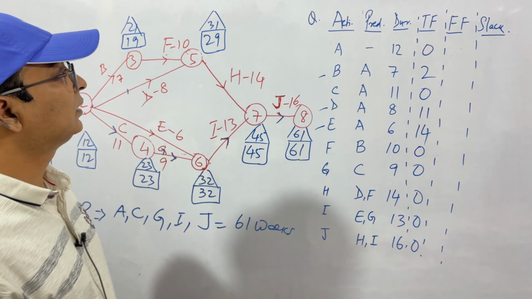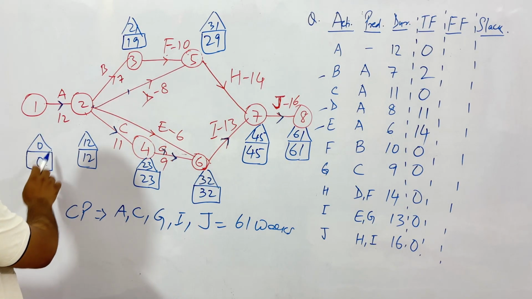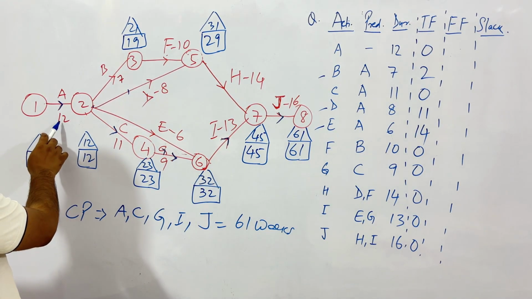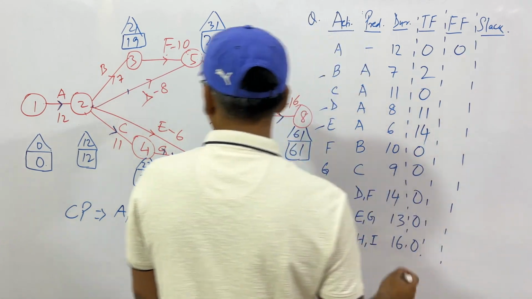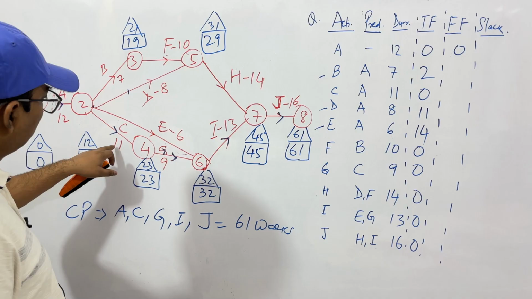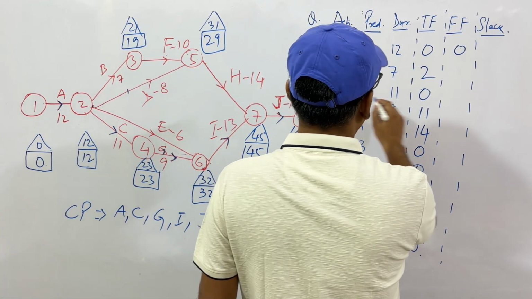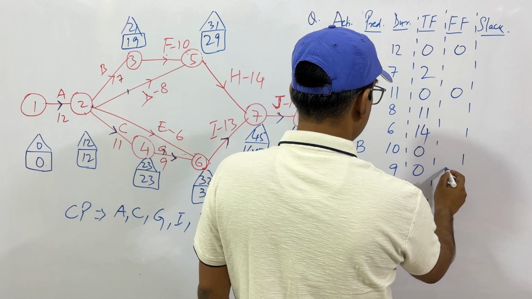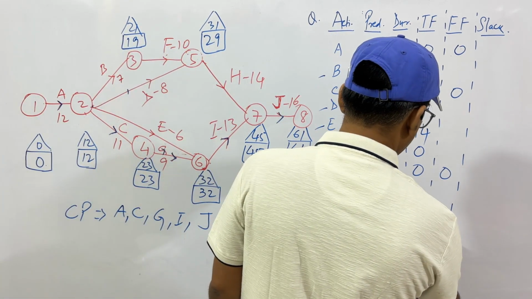Then we have free float. Free float is forward pass minus this. So 12 minus 12, 0. For critical activities, I told you they will be 0 everywhere. So along this path, wherever you will go, it will be 23 minus 12 minus 11, 0. So A, C, G, I, J will be 0.